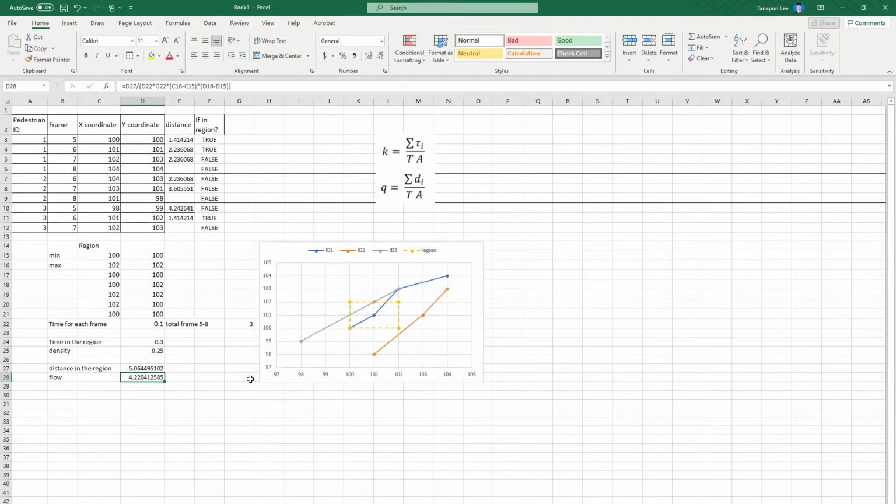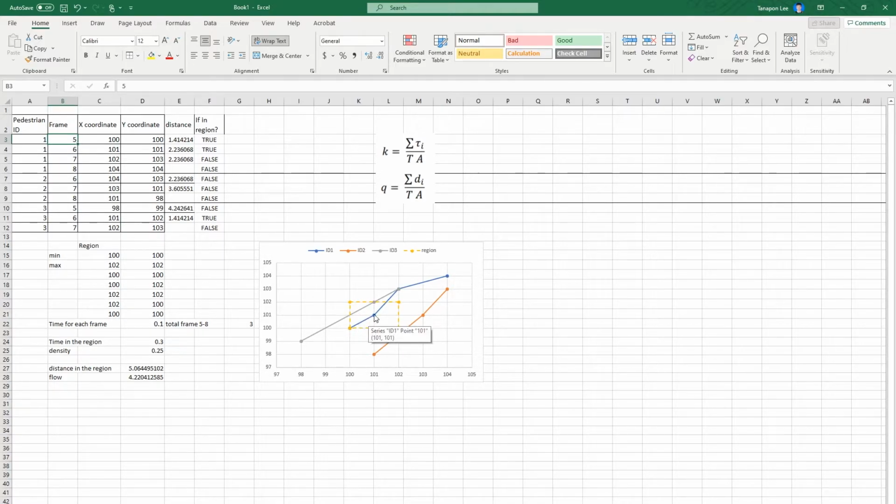Notice that there could be a bit problematic here. If you look at this, A should not be that bad. Like from frame 5, just look at this pedestrian 1.